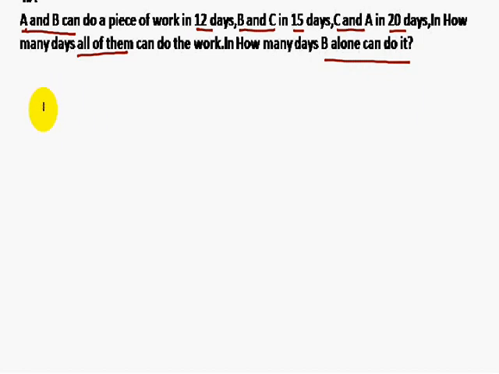So AB can do a piece of work in 12 days, BC 15 days and CA 20 days he has given. Now 2 times of A plus B plus C you are going to get here.